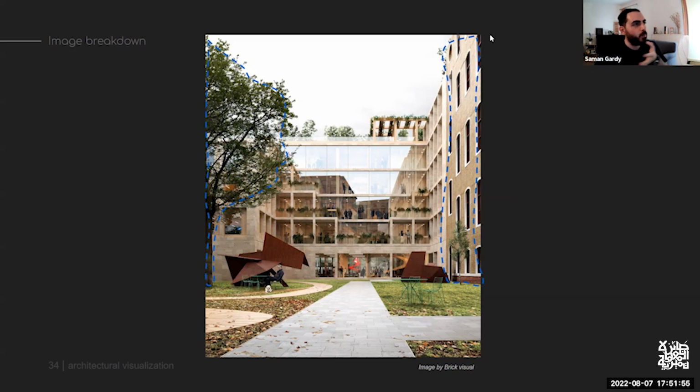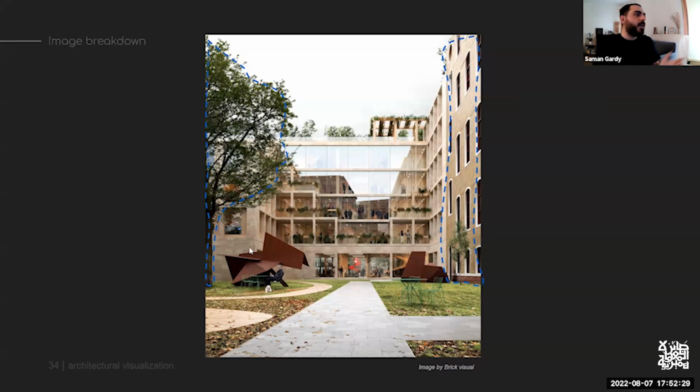And then if we think about the color-wise, how this image was balanced when it comes to colors. On the right side, we have a facade with yellow brick. On the left side, we have a big tree with green color. But if you look at it, we have a tree somewhere around here, and it's balancing the left side, because if we remove this green touch on the right side, it's going to be all yellow.